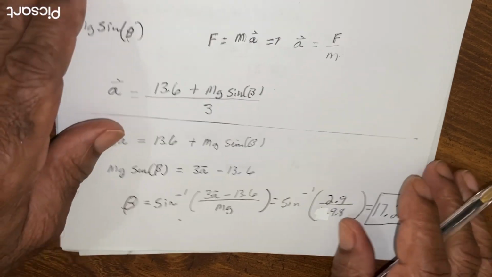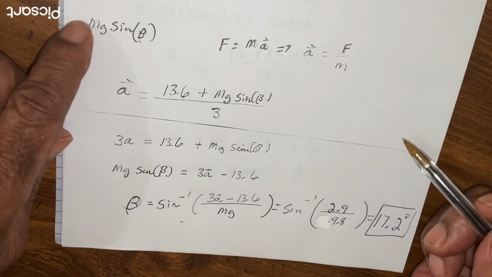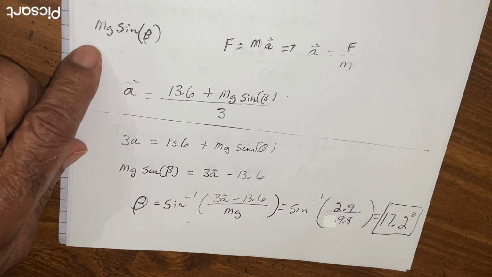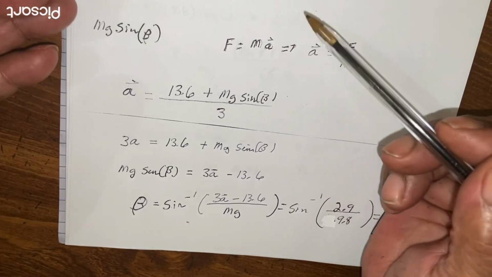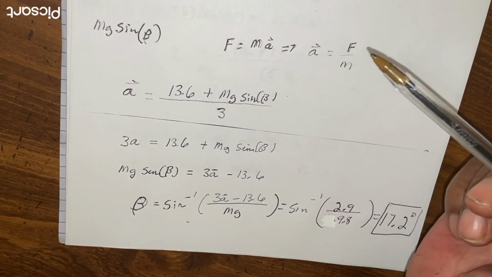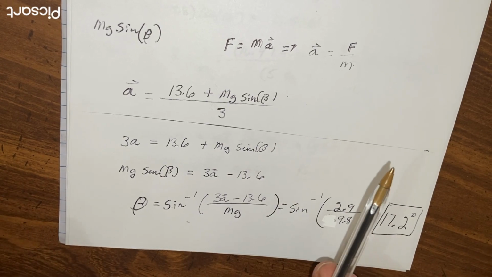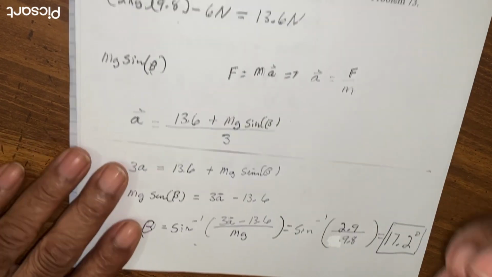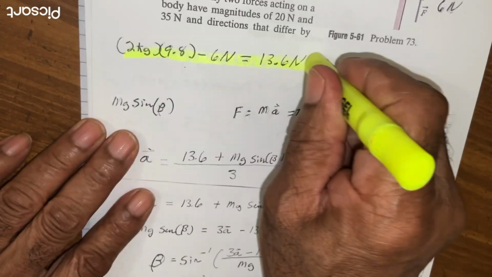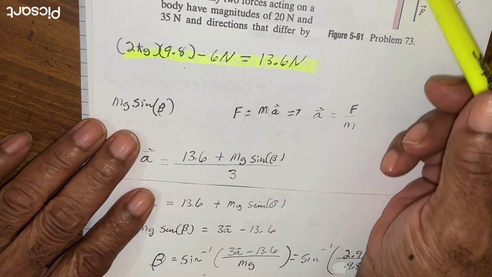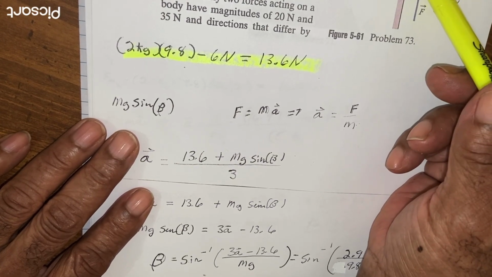Now, this was a good way of solving this problem without having to do any substitutions for T, in other words, using simultaneous equations. So what we did is we got the forces that were acting on this block here, M2.